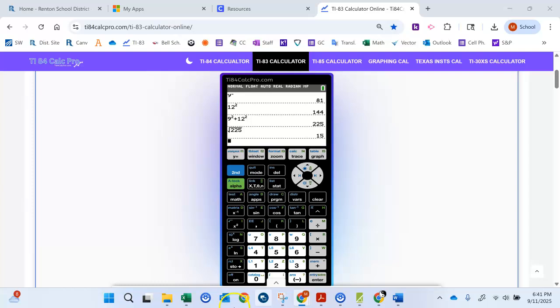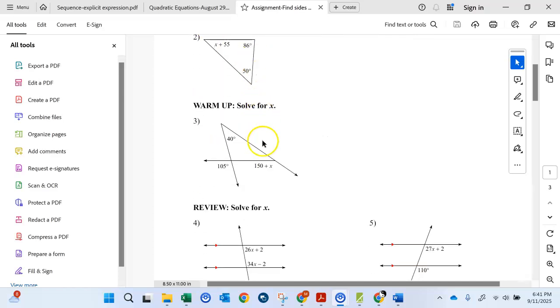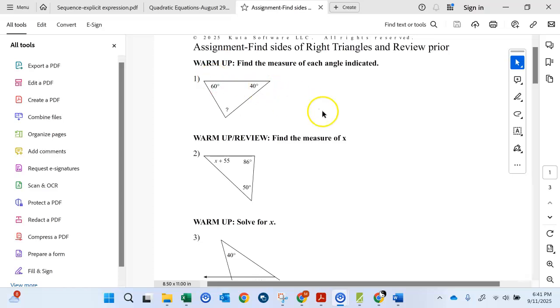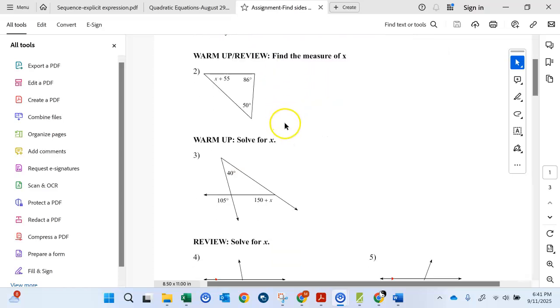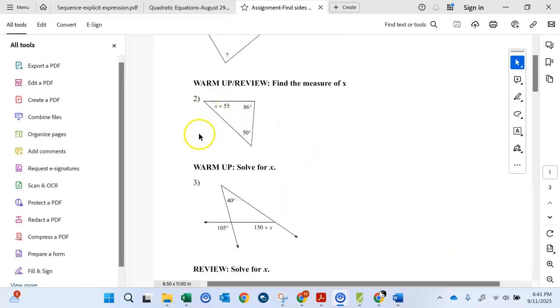If you want to pause the video, pause it now, then come back and I'll show you the equations you can use to solve for x.